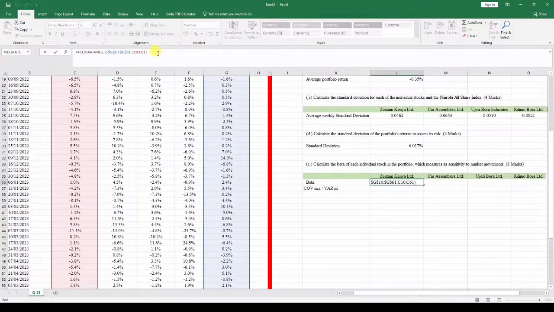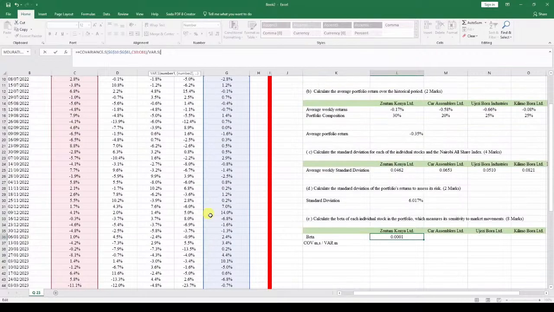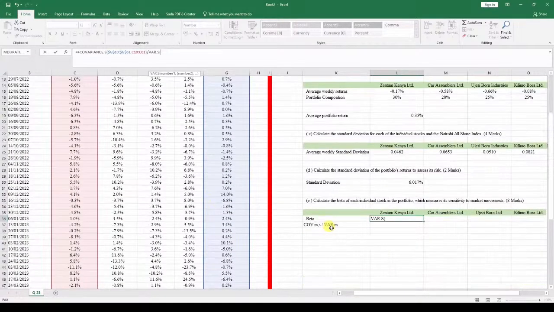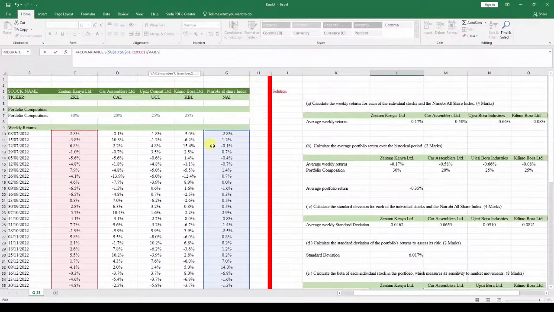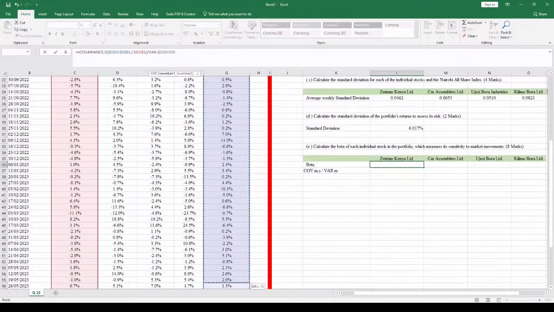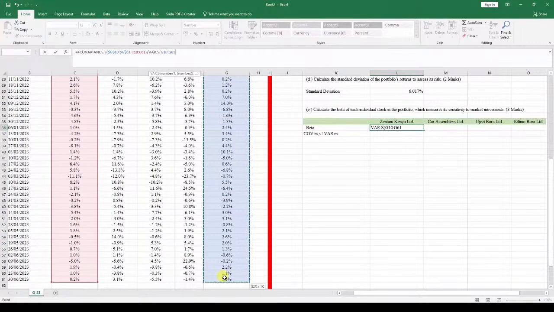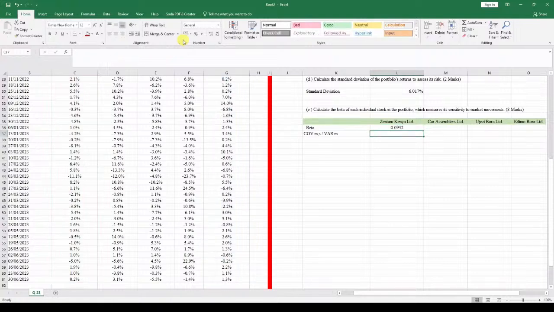Then we continue and say divided by the variance, not VAR.P but VAR.S, sample variance of the market. So we pick the variance of these values here and we lock it. So press F4 like that and we close the brackets. That's our beta, 0.0932.